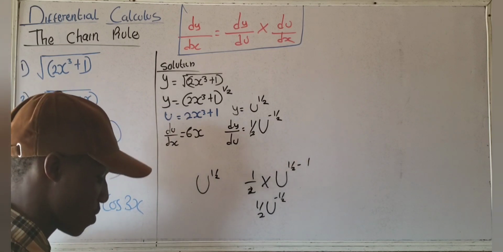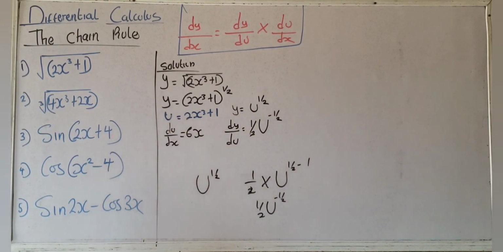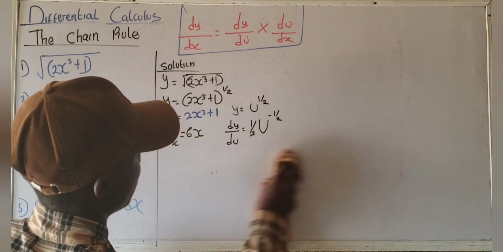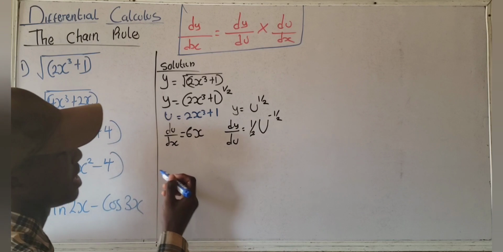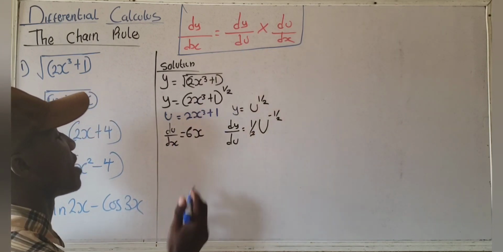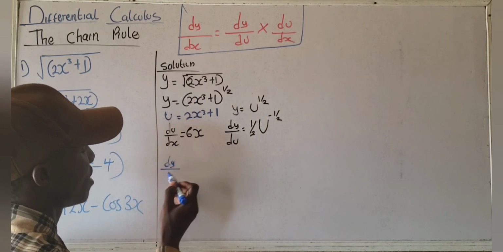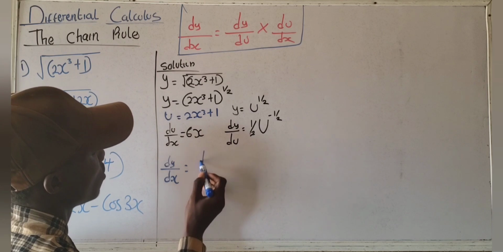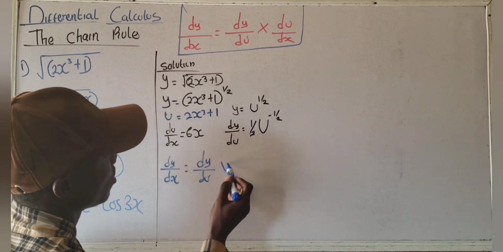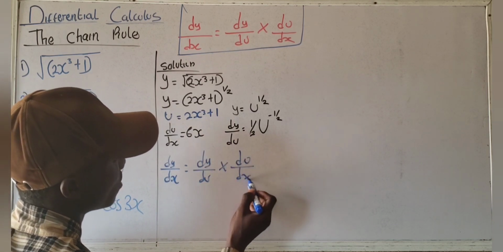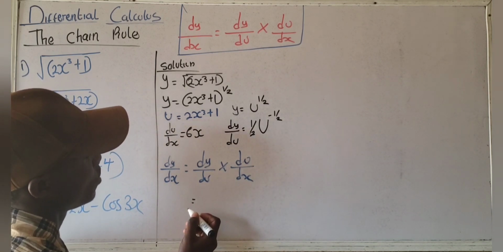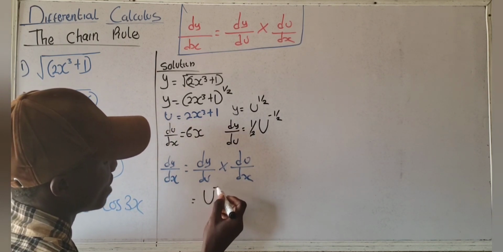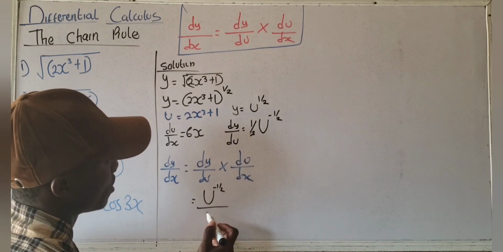Okay? So, let us proceed. Now, from this point, we can use this formula. We have dy over dx equals dy over du multiplied by du over dx. Dy over du is u raised to the power of negative 1 over 2, all over 2.